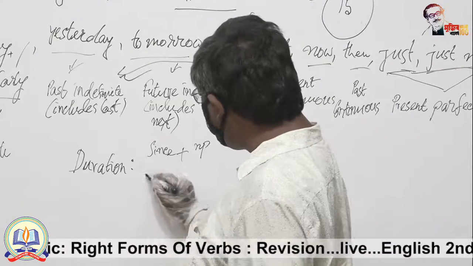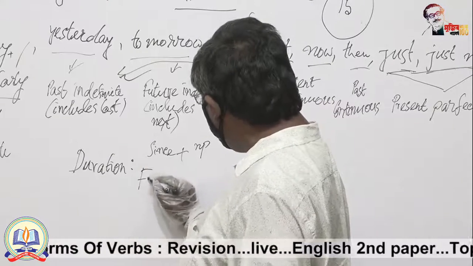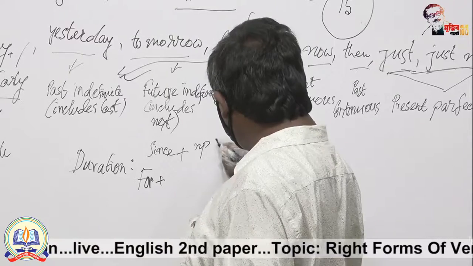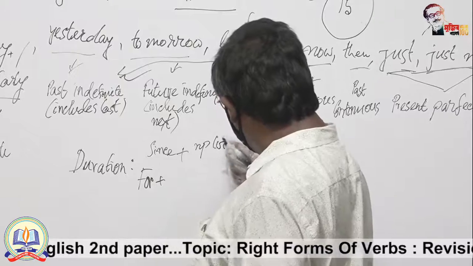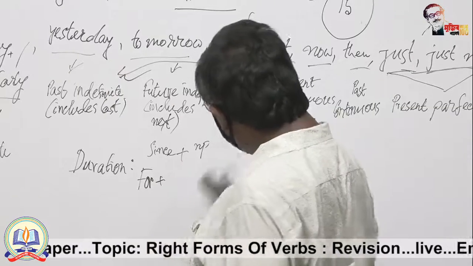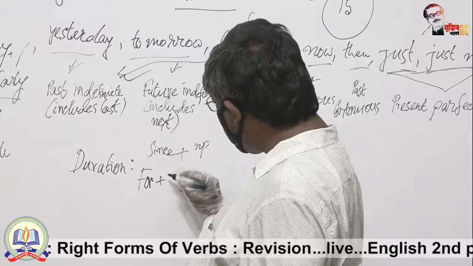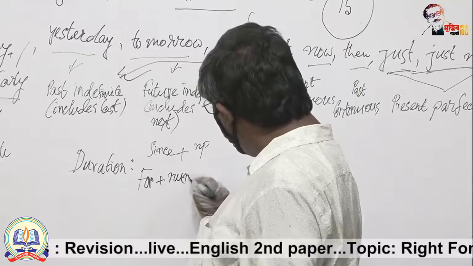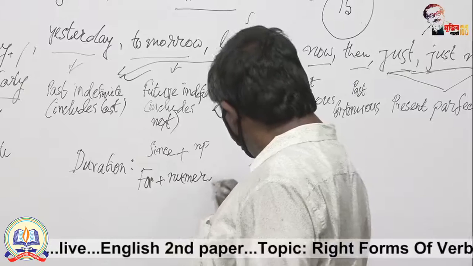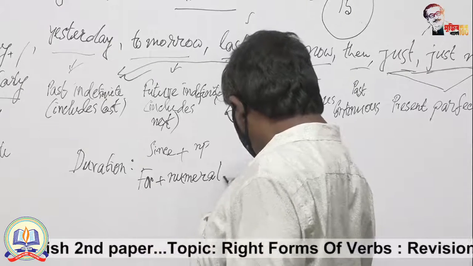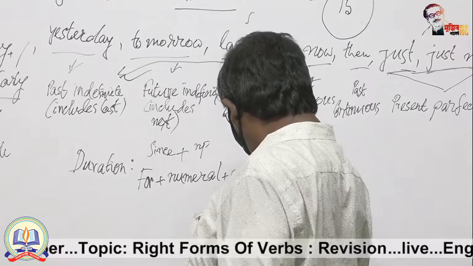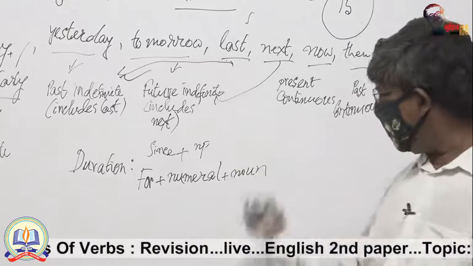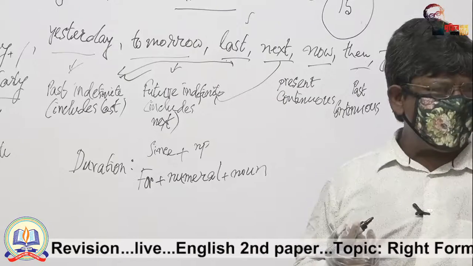Since plus NP, for plus NP with only noun phrase, for plus numeral plus noun. For example, for 2 months, 2 is the numeral, month is the noun.